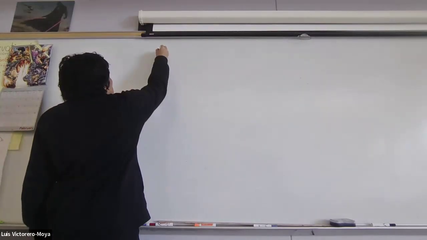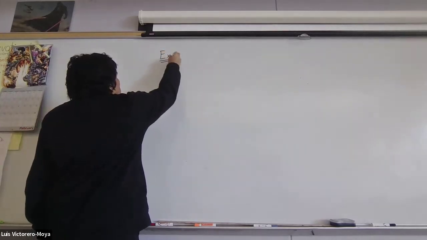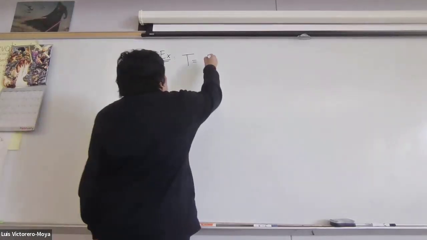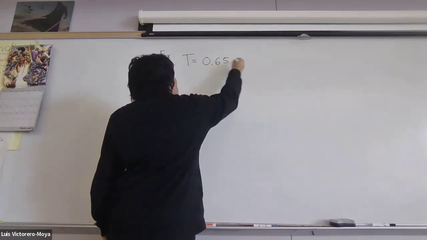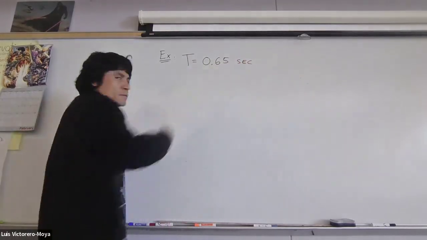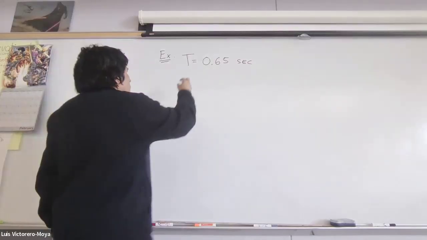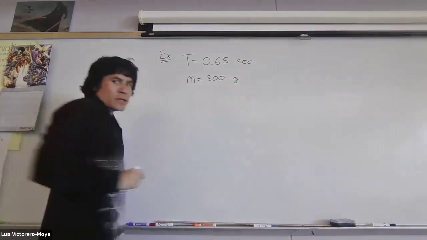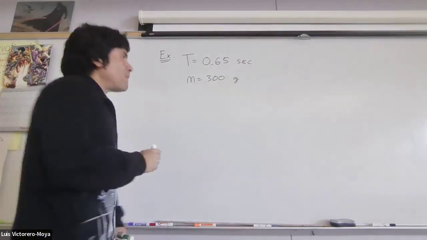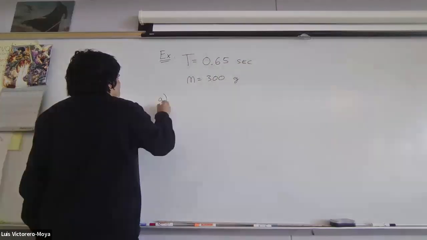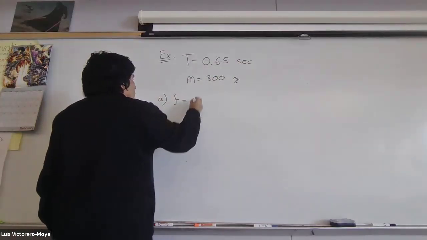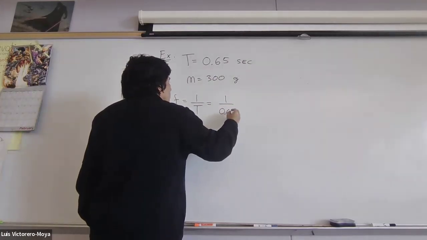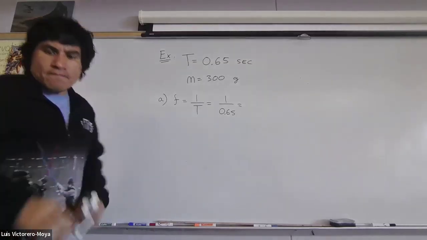So let's say, for example, they give you the period equals 0.65 seconds, and the mass of the object is 300 grams. Be careful with the mass and the units there. Find the frequency. A. Frequency is 1 over period. 1 over 0.65. That's it.